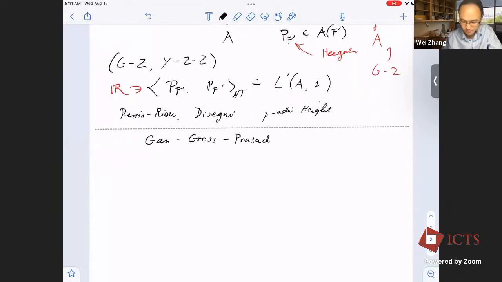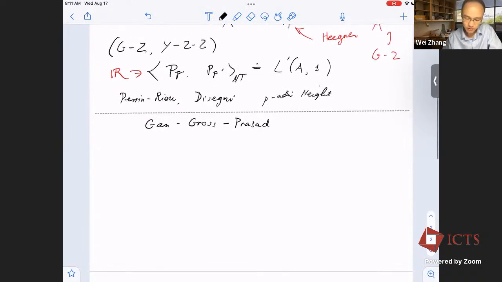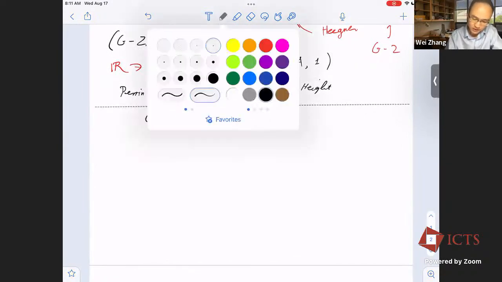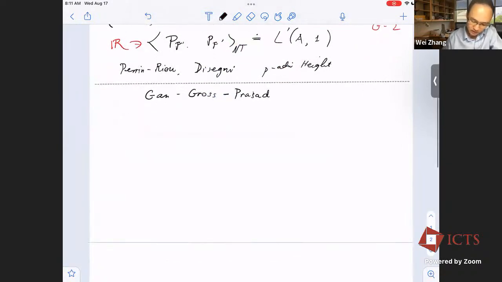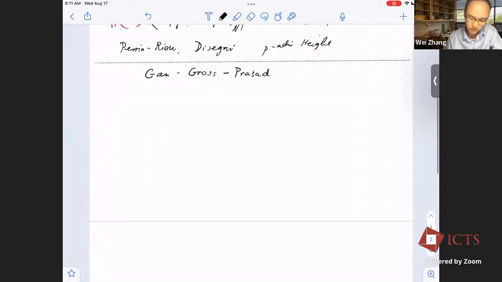So here, a very sort of overview. We will be considering a situation like the following. I still have my quadratic extension being fixed, so we use the same notation.